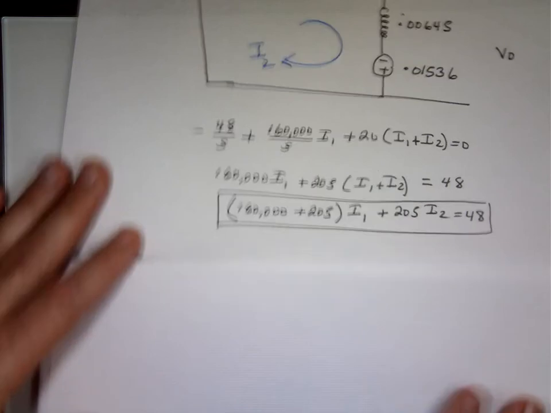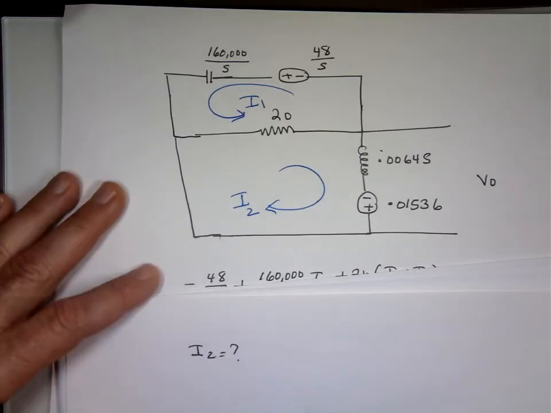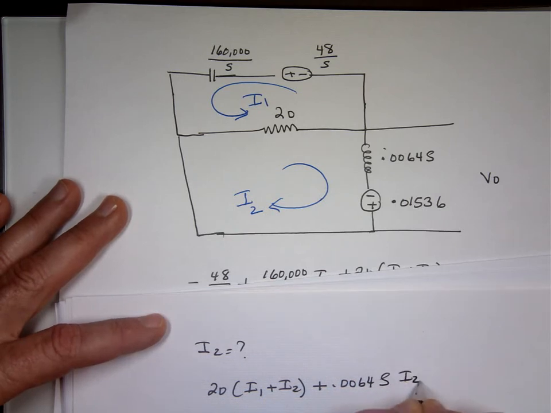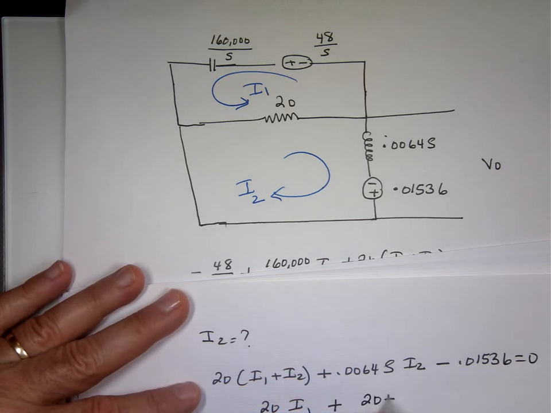Yep, I sub 2 as a function of S. So here we go: 20 times I sub 1 plus I sub 2 plus 0.0064 S times I sub 2 minus 0.01536 equals 0. So 20 I sub 1 plus 20 plus 0.0064 S I sub 2 is equal to 0.01536. And that's my second equation.